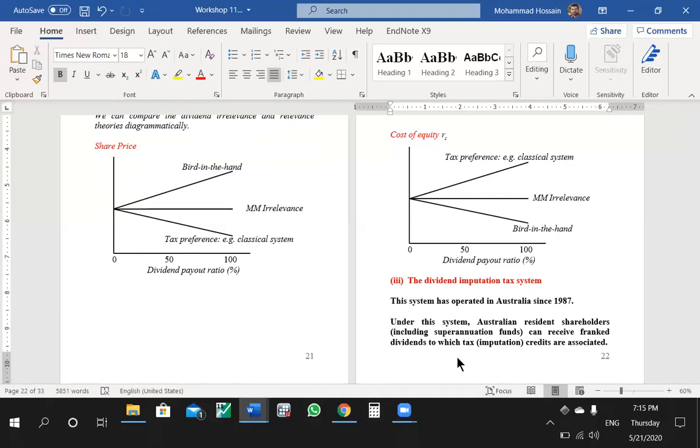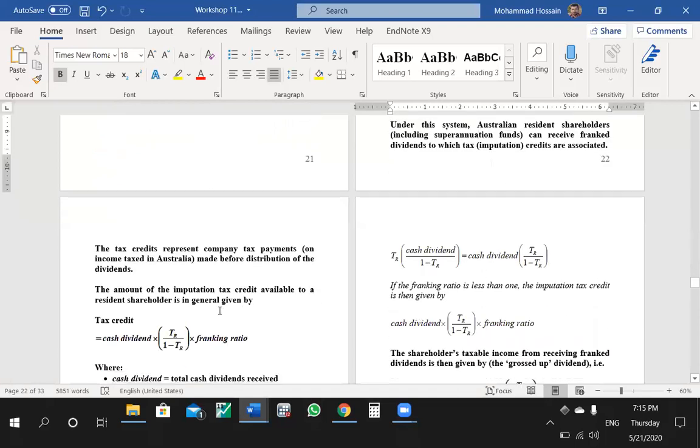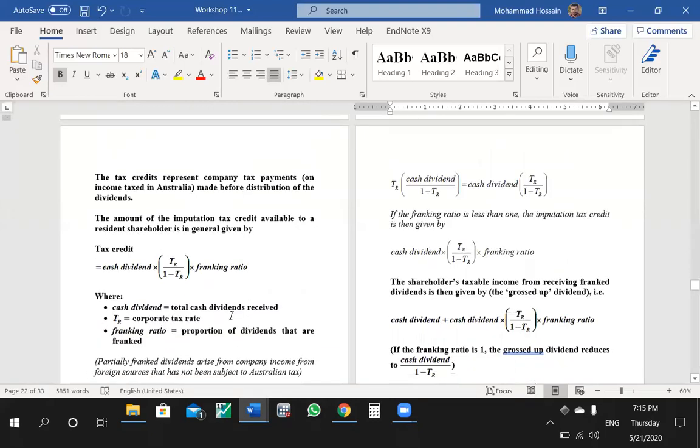So here is how much tax credit, tax benefit, you will receive. This is the formula: cash dividend multiplied by the corporate tax rate, TR, divided by 1 minus TR, into the franking ratio.